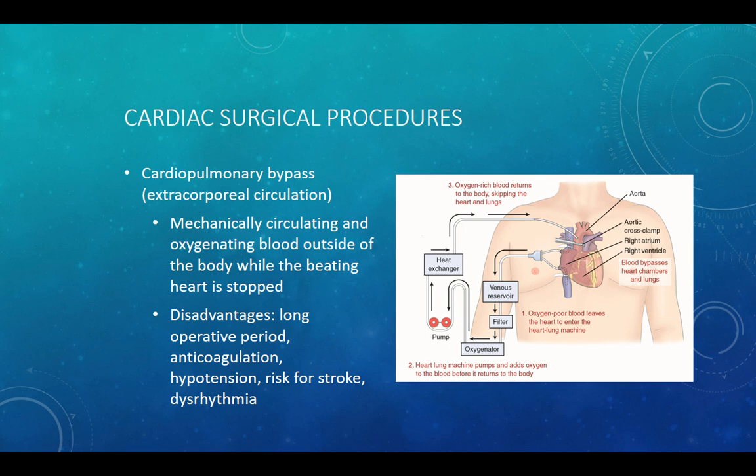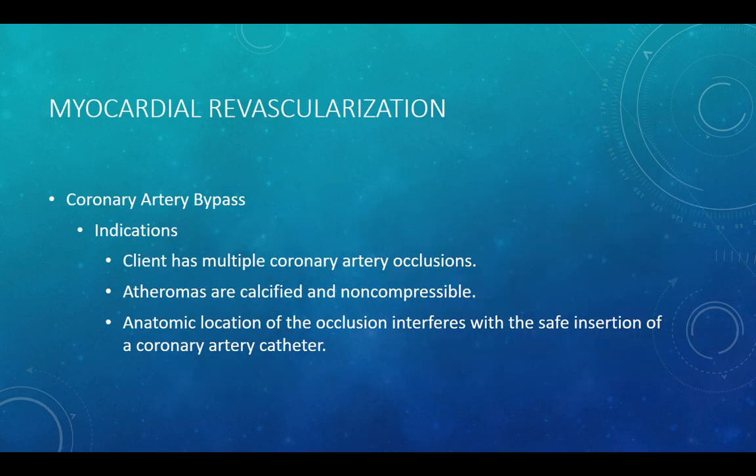The coronary artery bypass graft indications: client has multiple coronary artery occlusions, like I said, atheromas are calcified and non-compressible. Anatomic location of the occlusion interferes with the safe insertion of the coronary artery catheter.